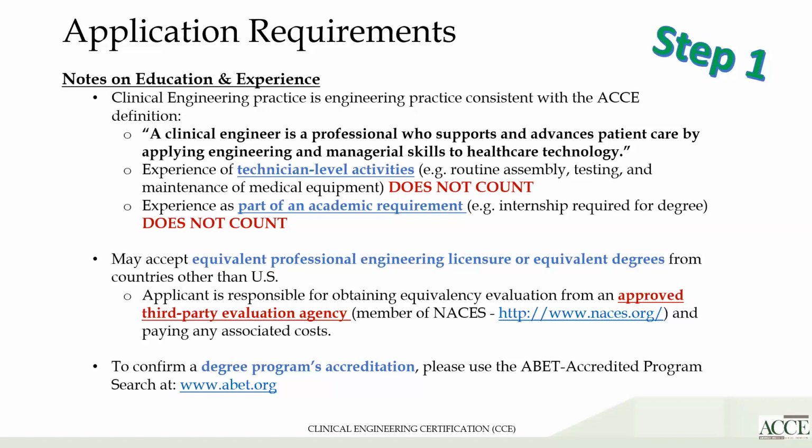And as well, the applicant is responsible for paying any associated costs for that equivalency evaluation, but that is an option for you. And then finally, the last clarification here is that if you're unsure if your degree program is accredited and you wish to be considered under one of those options that requires degree accreditation, you can visit the ABET website listed on this slide to look up your degree program.